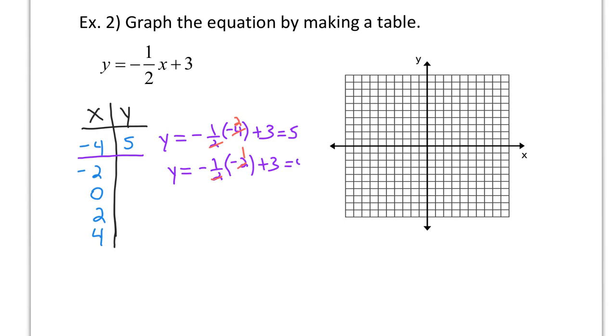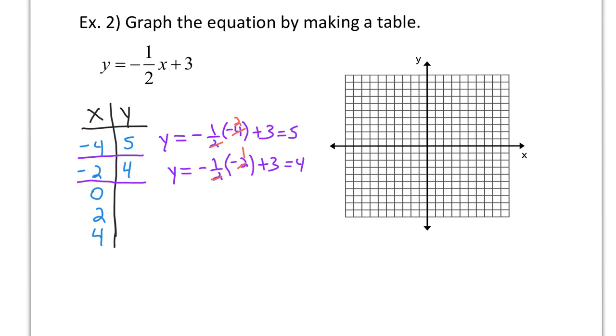And notice that I'm not getting fractions. So that's what I want to avoid. That's why I use multiples of the denominator. So I can cross simplify and I don't have fractions anymore. So the next number for the y, the output is 4. So when the input is -2, the output is 4.